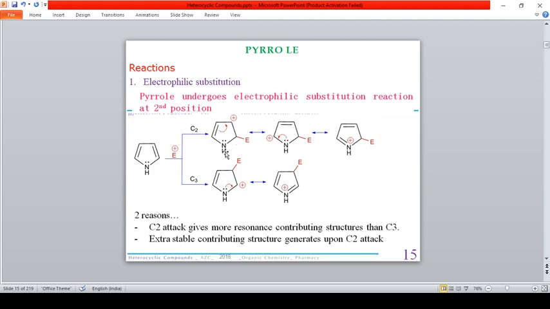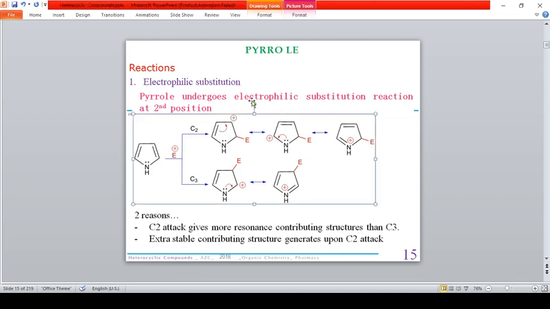Alright, if it has a positive charge here, it will try to stabilize itself. How will it stabilize? It can stabilize itself with the help of resonance. Now, this pi electron and this positively charged carbon on the third position can resonate. This pi electron will shift here, so this positive charge will be neutralized, but here this carbon will have a positive charge.